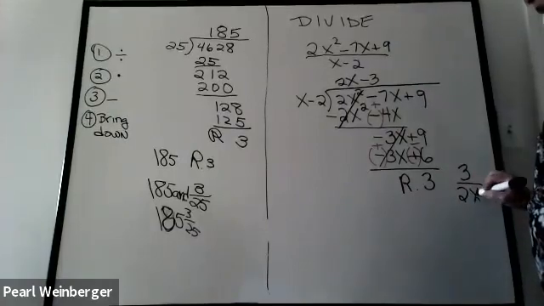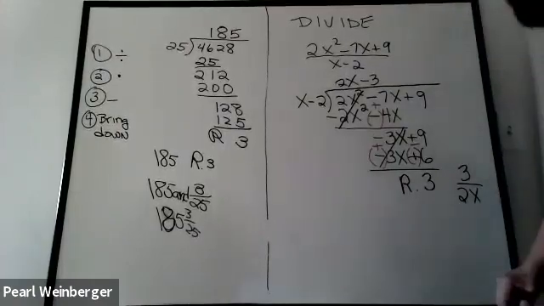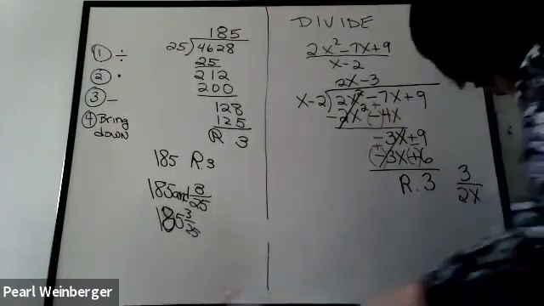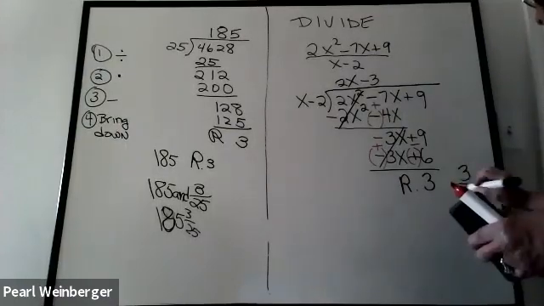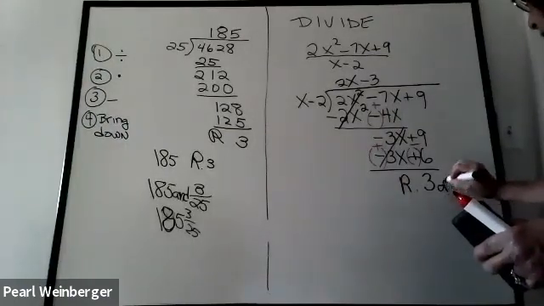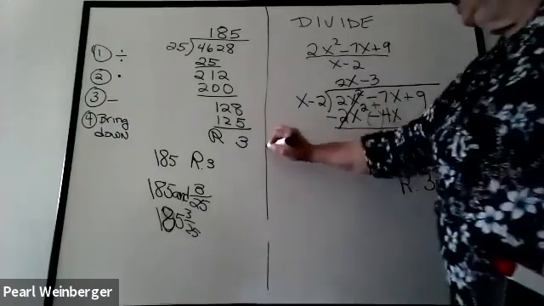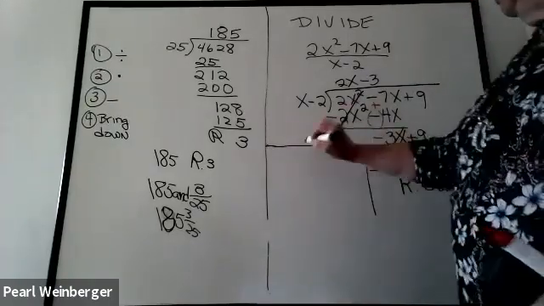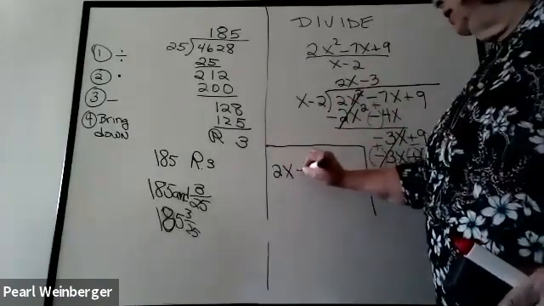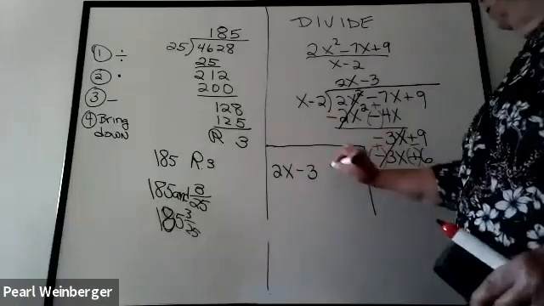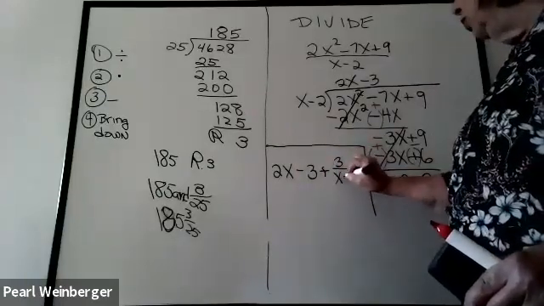So I get 3 over x minus 2. And I can write my final answer this way. My quotient is 2x minus 3 plus the remainder, which is 3 over x minus 2.